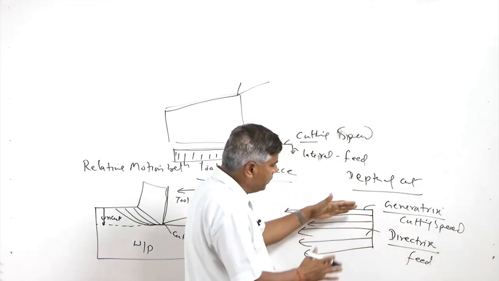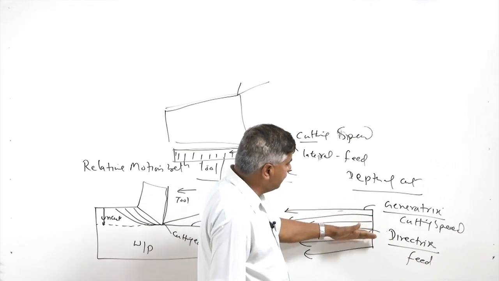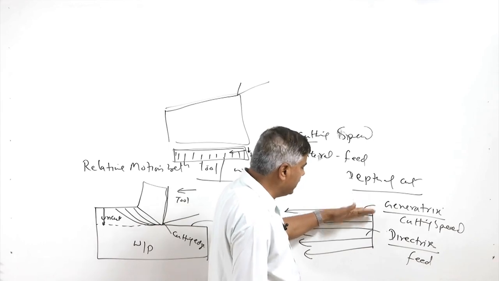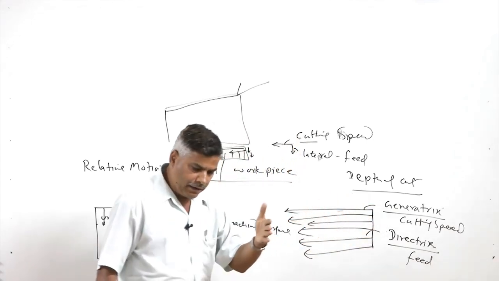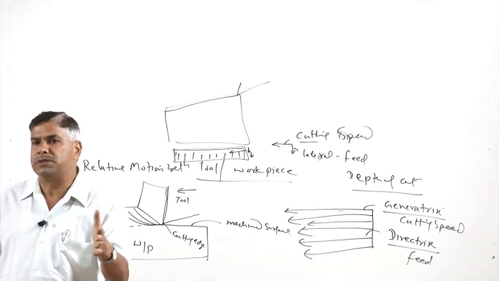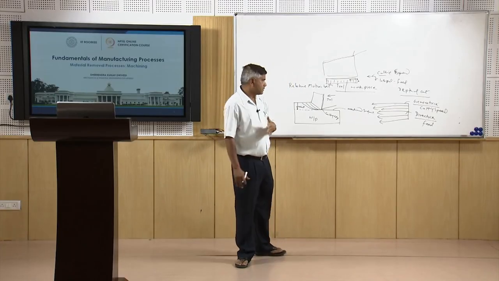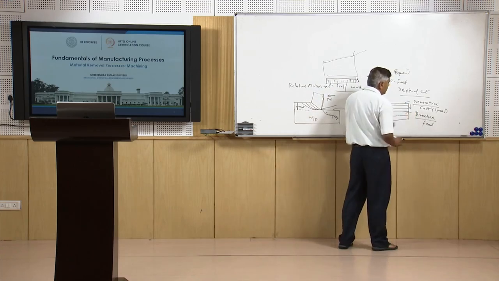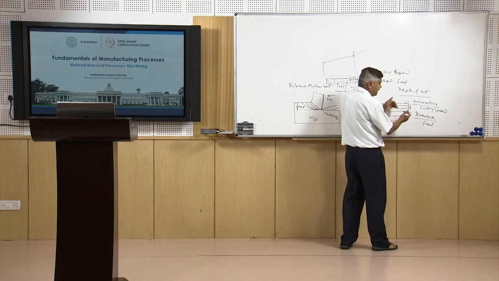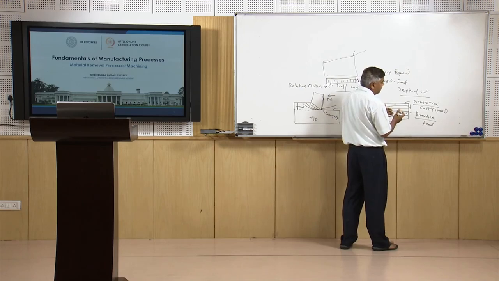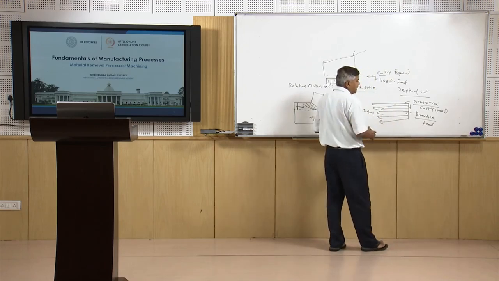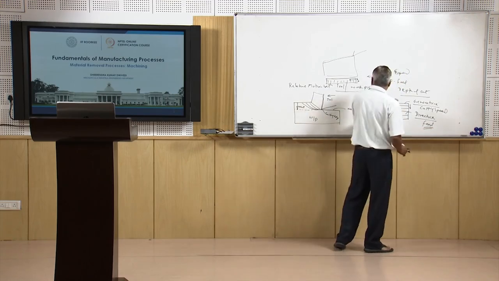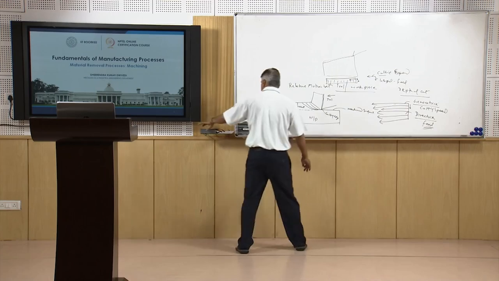Feed helps us to achieve the removal of the material from the other surface areas, from the lateral directions. The lateral movement of the tool, for the removal of the material from other areas, is the feed, and that helps to produce one flat surface, especially in this case.